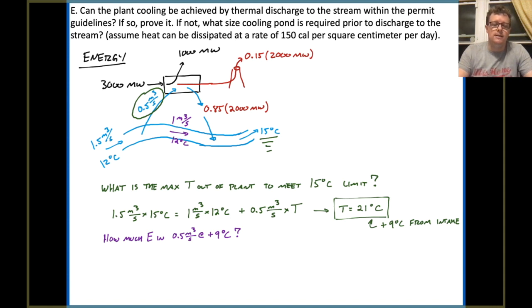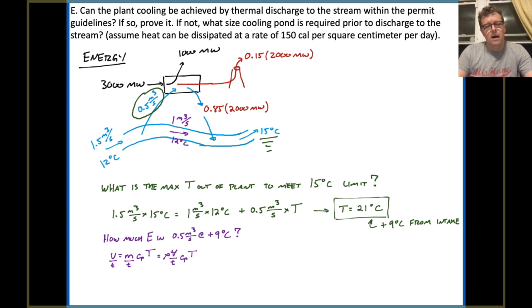If I wanted to take that half a cubic meter per second and raise it 9 degrees Celsius, how much energy would that actually take? So we know that thermal energy can be calculated as mass times specific heat times temperature. And I can divide both sides by time if I like. So an energy per time equal to a mass per time.